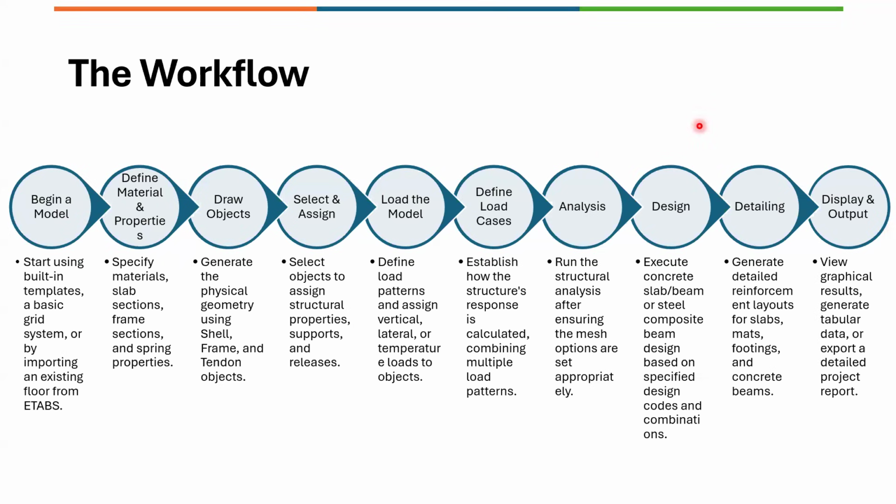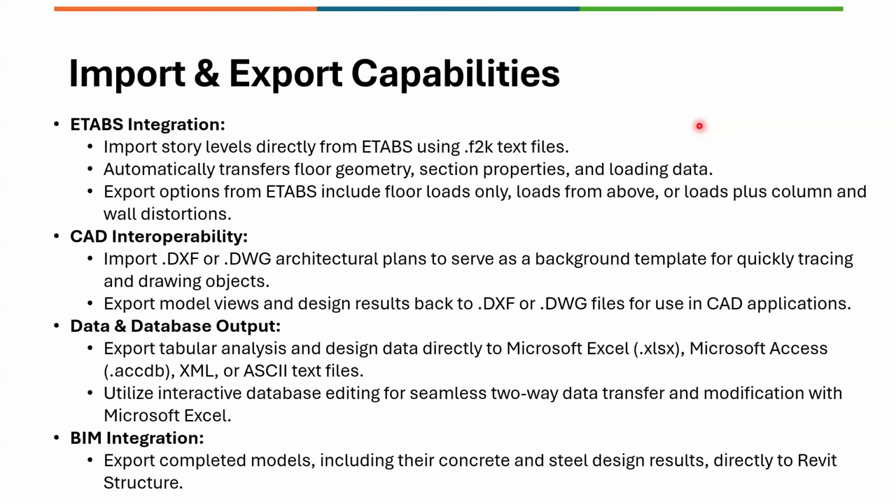So this is the workflow which we are going to follow. And specifically on the import and export capabilities, we discussed the BIM integration through Revit, last one. The rest of the things we will explore in an example shortly.